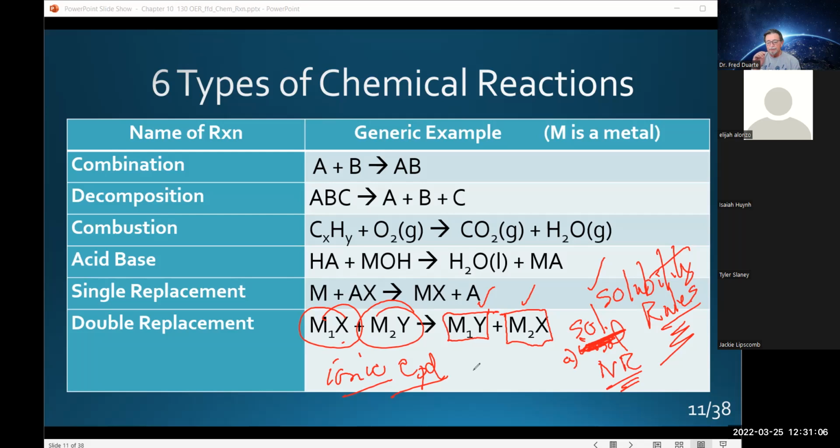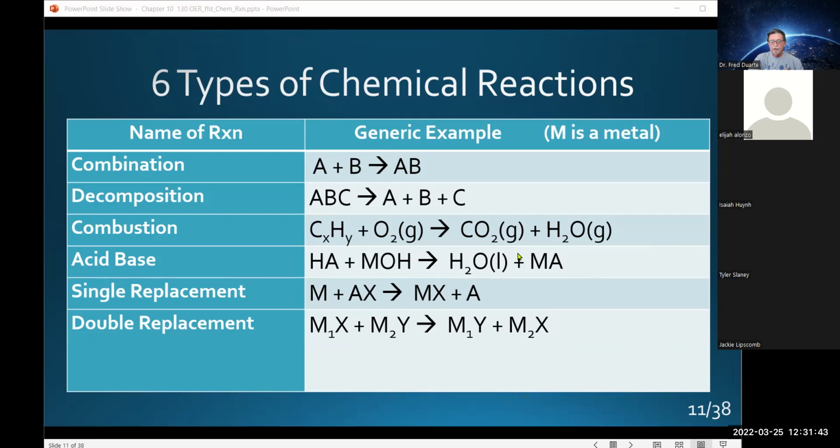Now, if one of the products is classified as insoluble based on the solubility rules, then a reaction proceeded. And you denote this, let's just say for argument's sake that M2X is insoluble, we put the letter S, okay? And that's a positive reaction, only if one or both of the products are insoluble. So we rely on the solubility rules for this.